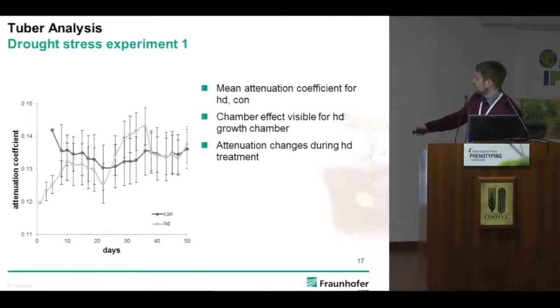But what's also visible is that directly after stressing the plants, there's an increase in density, and this was a little bit counterintuitive for us, because what we measure there is the density, as the attenuation reflects the water, the hydrocarbons and anything else. Expecting a water loss in the tuber in a heat and drought stress environment, in my opinion the first thing would be a decrease in the attenuation, meaning you lose water, but there was still an increase.